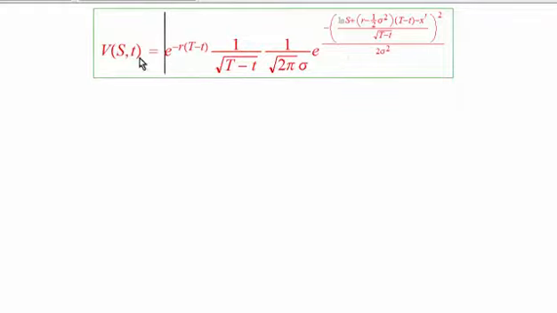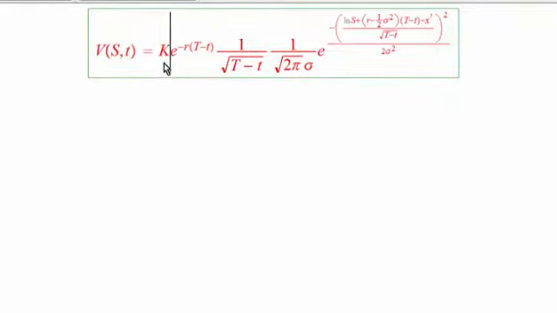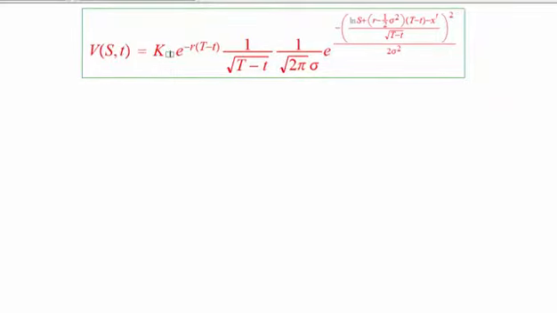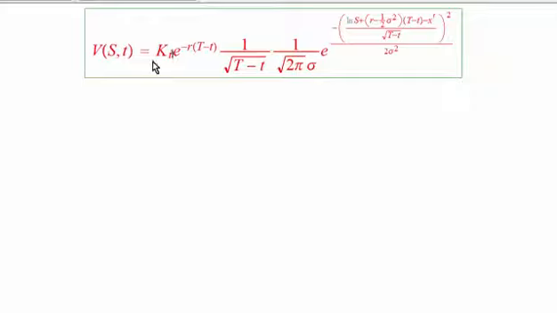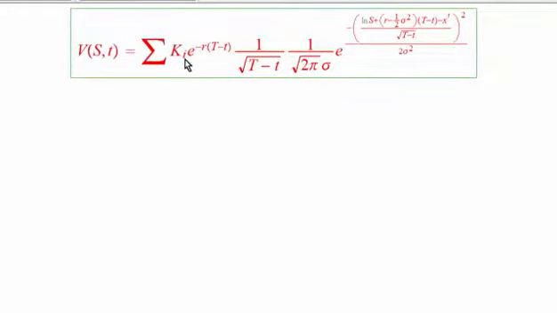Well, we know that any linear combination is also a solution. So if I put some kind of a constant out front here, let's say k times that, it is also a solution to the Black Scholes equation. And if I add two solutions together, well, let's add more than two. Let's just add a bunch.